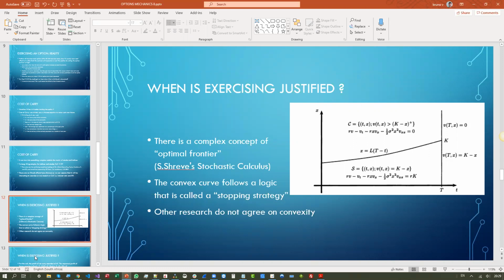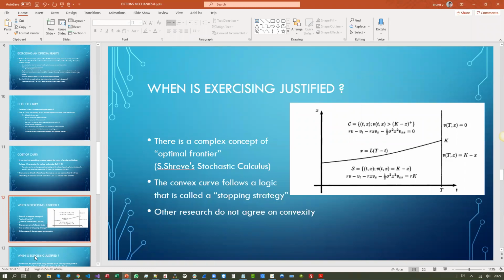I wanted to highlight this, just not to fall into what I call the beginner's trap: looking at the shape at expiration and looking at intrinsic value and saying, well, okay, let's go for it, I'm going to exercise my call. It's actually a lot more complex than that because of all the statistics.